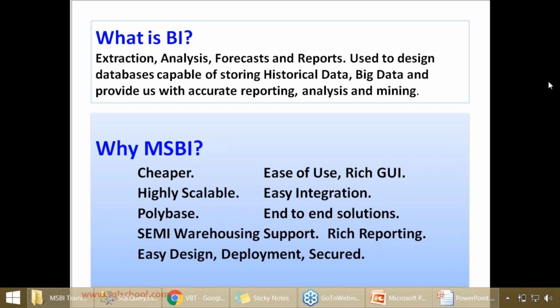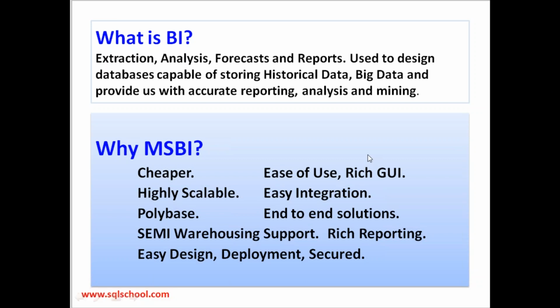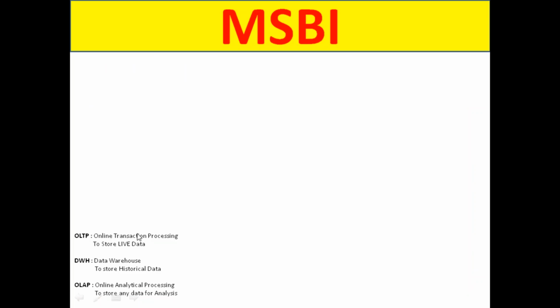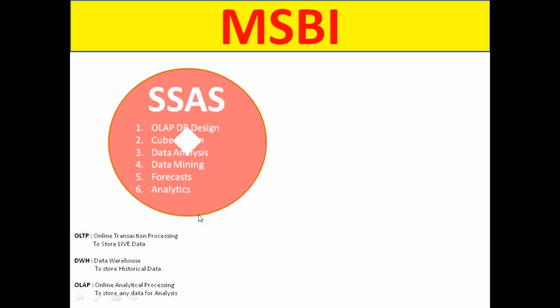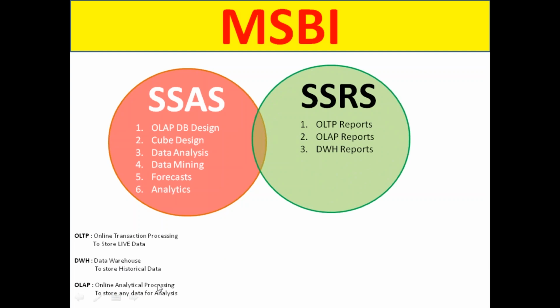So here it is, friends. With this information, what do we do in our BI course? In our BI course, we work with three types of databases. We design two types of databases, 2 and 3. But we work with three types of databases: OLTP, online transaction processing, data warehouses to store historical data, and online analytical processing to store data for analysis.